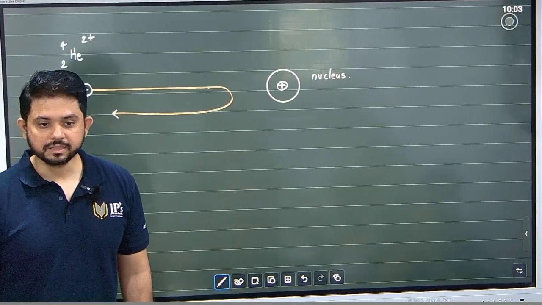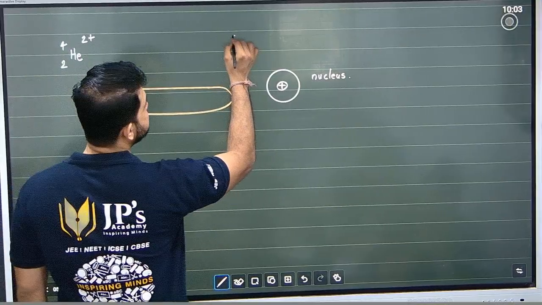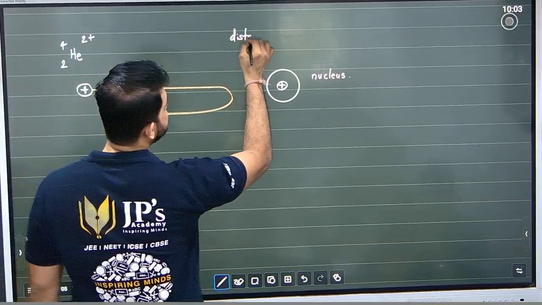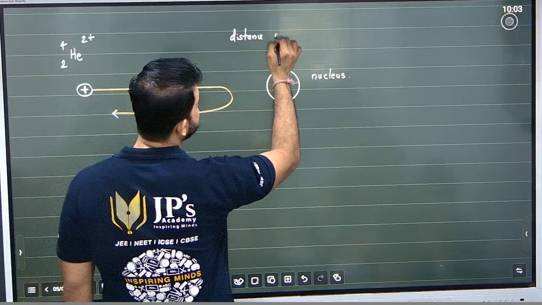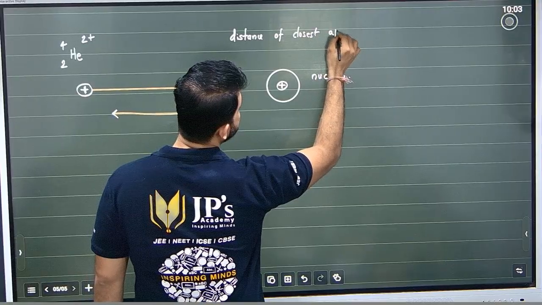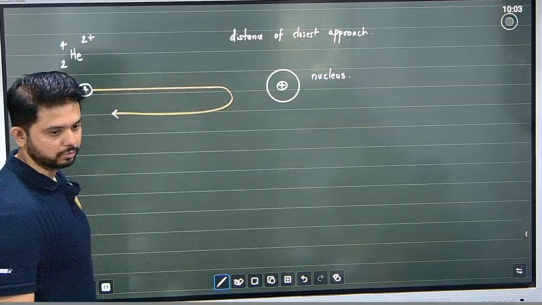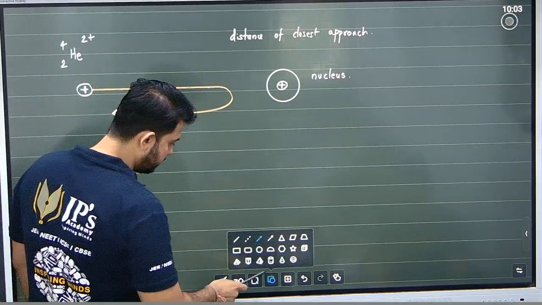Did anyone not understand this? What do we call this? Distance of closest approach, and it is this distance that we have to find.